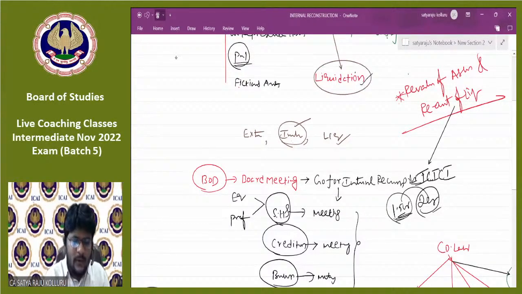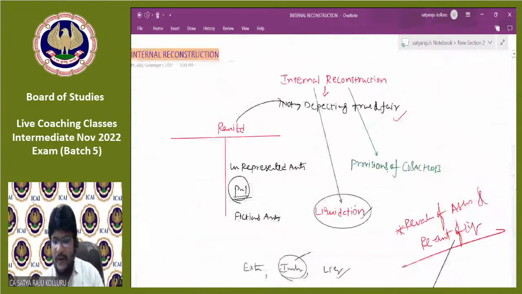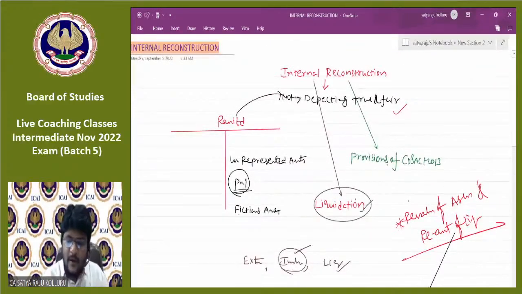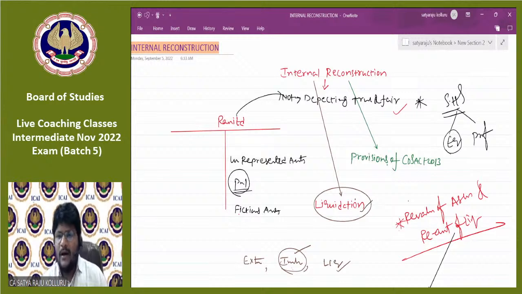So apart from revaluation of assets and reassessment of liabilities, in the process of internal reconstruction we also make certain negotiations with our shareholders. Yes, shareholders means both equity shareholders and preference shareholders. For equity shareholders, we may ask them to sacrifice something out of their share capital.